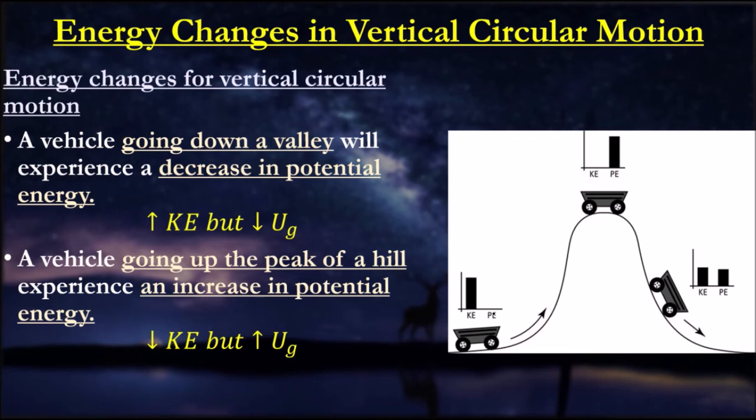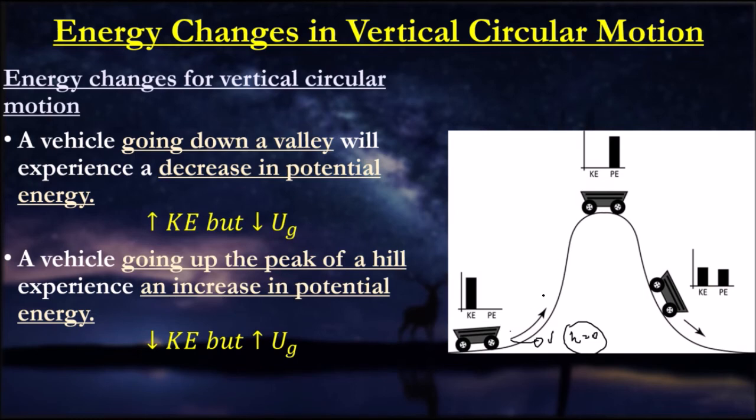So let's have a look. Energy changes for circular motion: our car at the bottom here is starting to move up this hill. Assuming this is our 0 point, so height is 0 here, we have 0 potential energy, and we have maximum kinetic energy possible to go up.